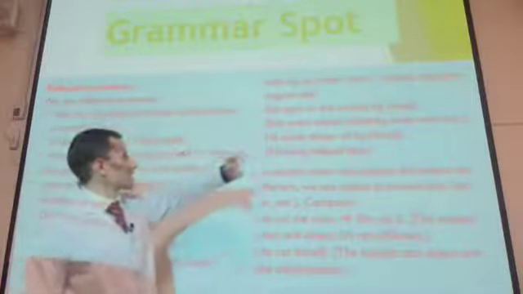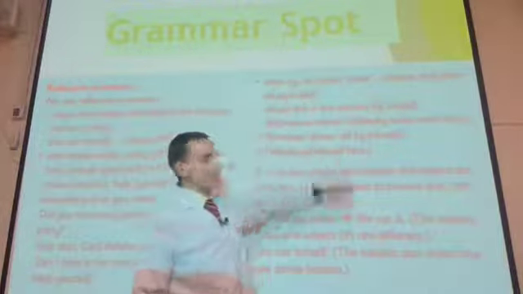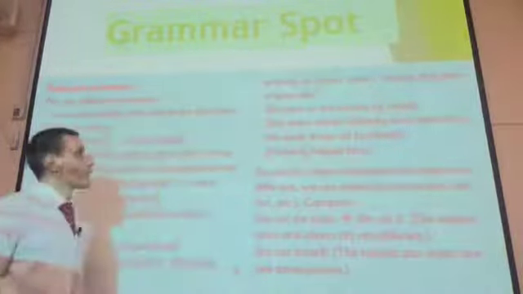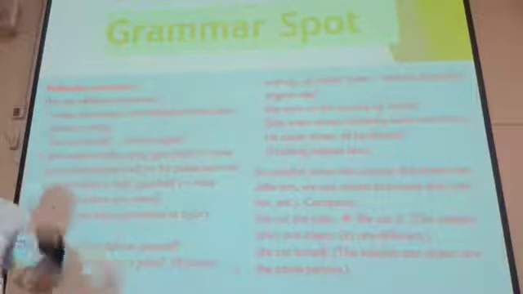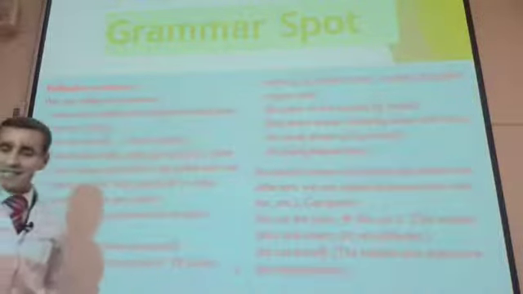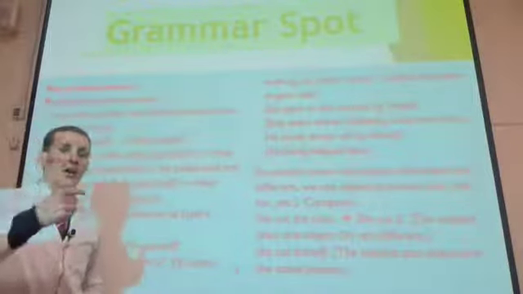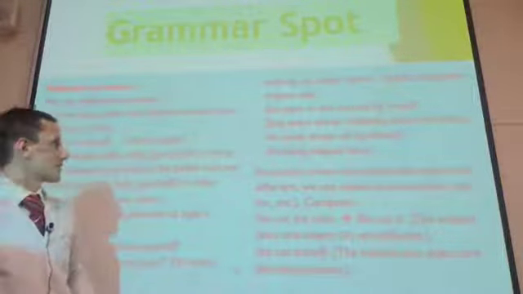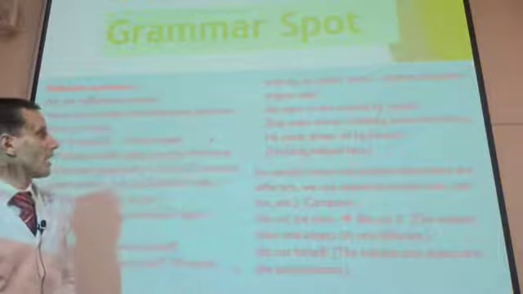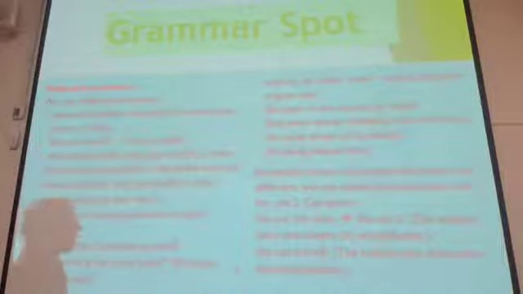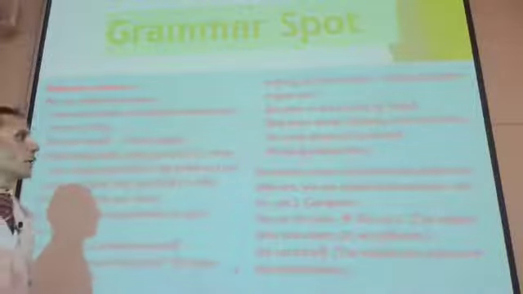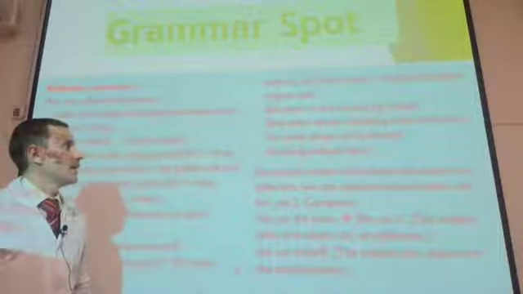Sometimes we need the preposition by, which shows that something is done by someone alone or someone with no help from others. Look at the first example we have here. She went to the cinema by herself. She, talking about a girl, went to the cinema by herself.